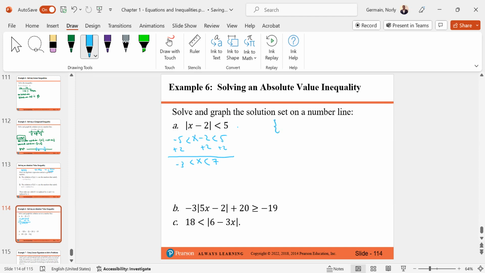Set builder notation would be x such that x is between -3 and 7, and interval notation would be (-3, 7).